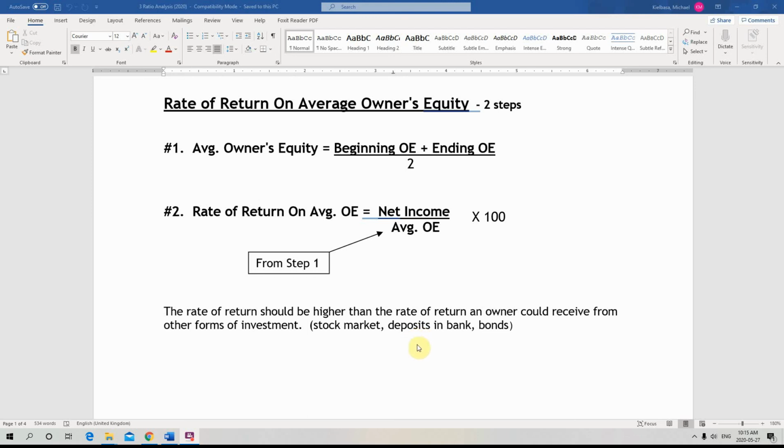Because you could simply put your money in the bank and get that kind of return. So basically, you have to weigh the risks out, and how much of a return you're getting back. Nobody's going to start a business and only get a 2% return on their investment when they could simply put their money into a bank account.